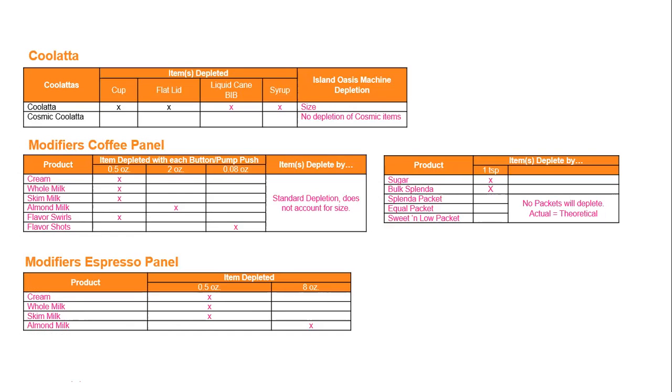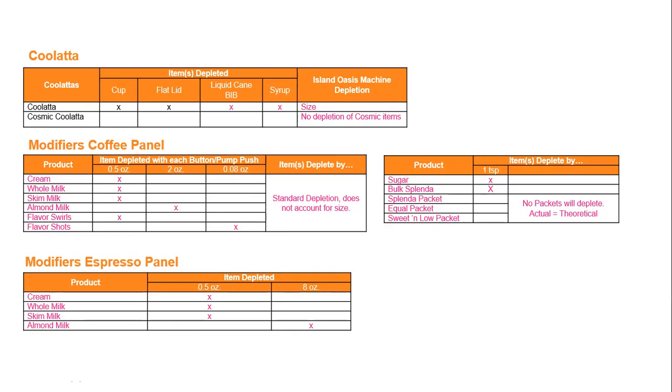And that's how this is going to be a lot more accurate than what we used to have with Radiant, because a lot of that information, a lot of that depletion, was just happening behind the scenes. As you look over here to a lot of your sugars and your sweeteners, you're going to see that it's going to deplete 1 teaspoon, again, based on what you've pressed.